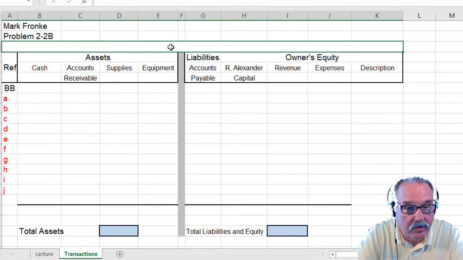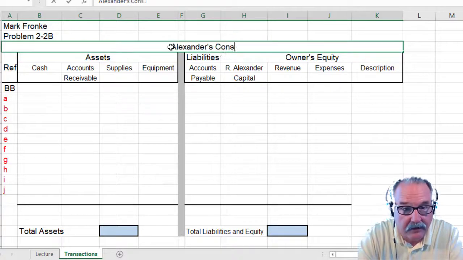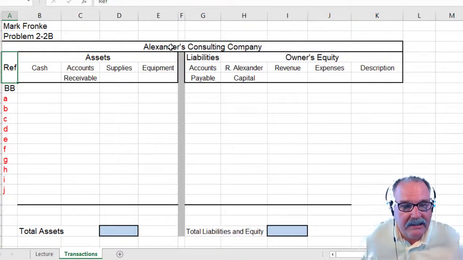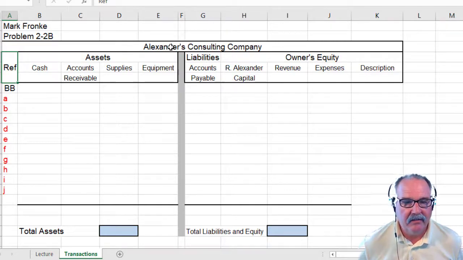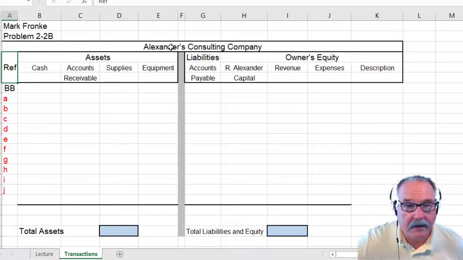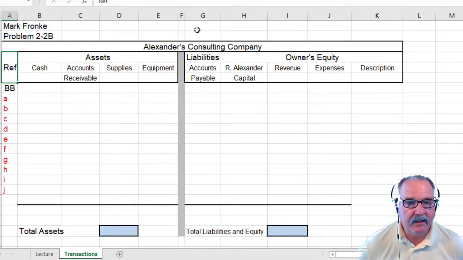And this is going to be Alexander's Consulting Company. We always want to at least have the company name in the heading, and usually we have the date and the name of the schedule or whatever it is. But we're just starting out, taking baby steps, so that's good.